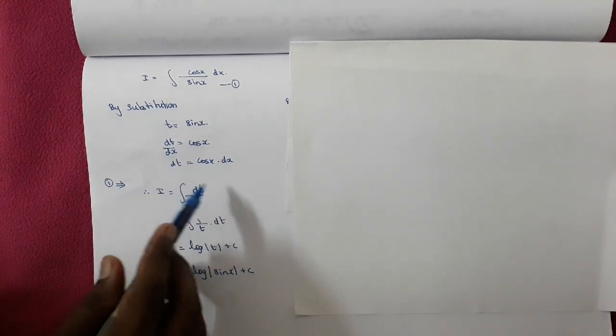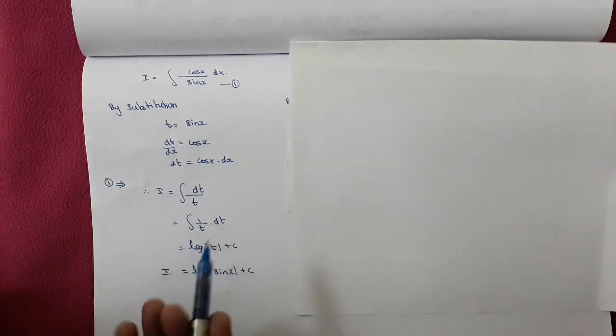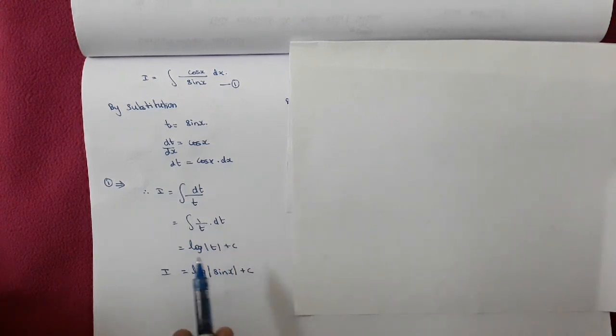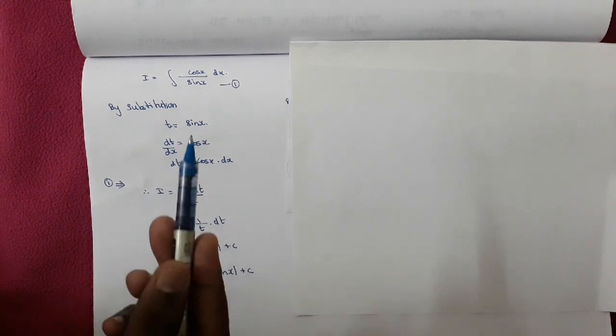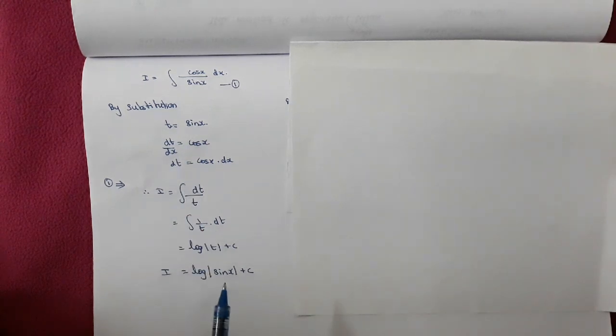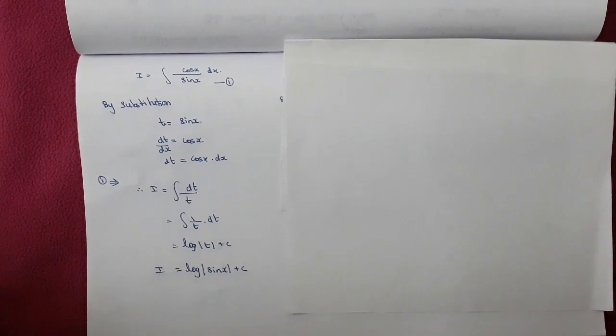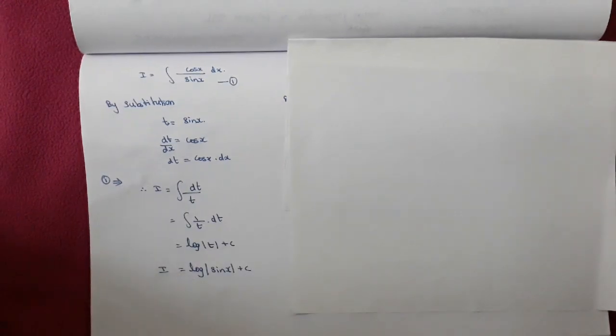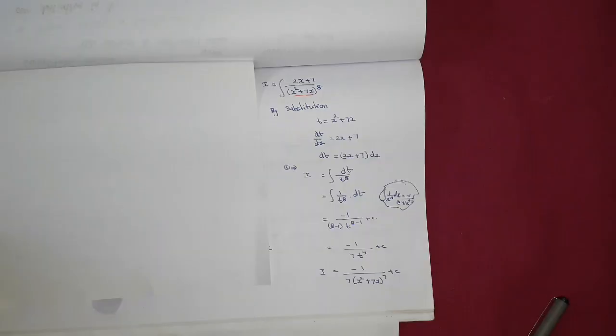So now this dt you just keep it away, so that you can treat it like 1 by t into dt. When you integrate 1 by t, what is the answer? Log t. So log t is nothing but log sin x. So apply it here. So log of sin x plus c. So first it was not directly integrable, but now after doing the substitution we are doing the integration. By that time we get the answer log of sin x.